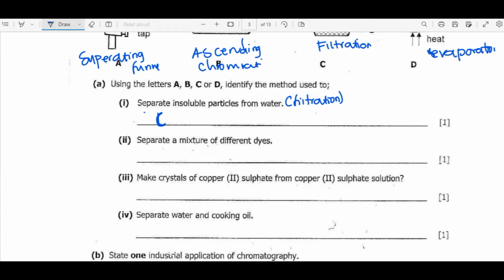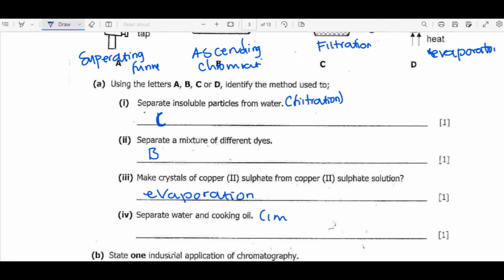Then Roman number 2, separate a mixture of different dyes. So different dyes, we are looking at the color. So we are using letters, which is B. Then make crystals of copper 2 sulfate from copper 2 solution. So it's evaporation. Then separate water and cooking oil.